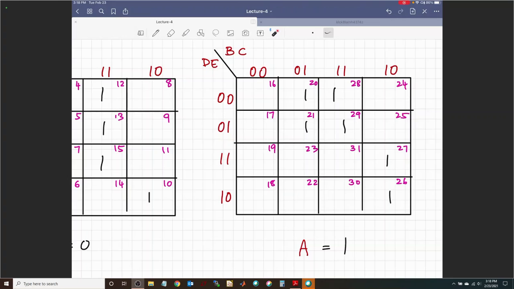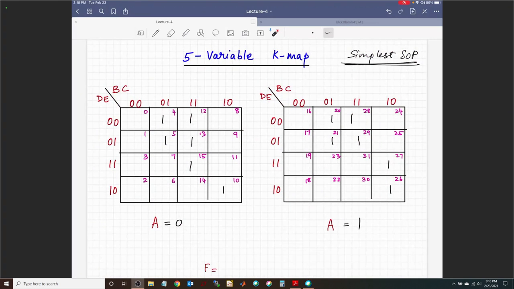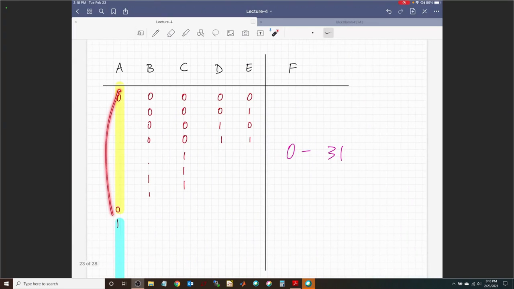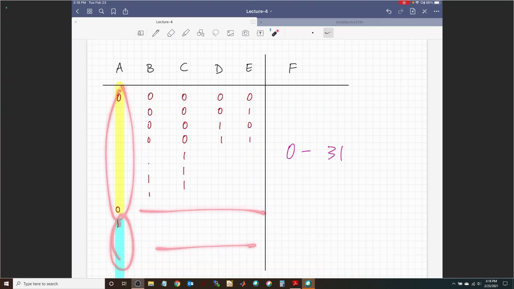So we have essentially added 16 to the cell numbers on the left to get everything on the right. And they are exact copies of each other, right? B, C, D, and E, B, C, D, and E, because A is 0, you get 16 combinations of B, C, D, and E. A is 1, you get 16 combinations of B, C, D, and E.